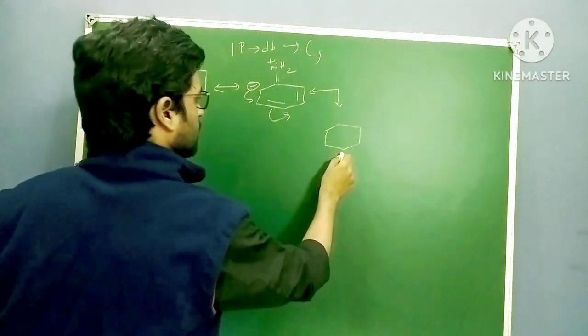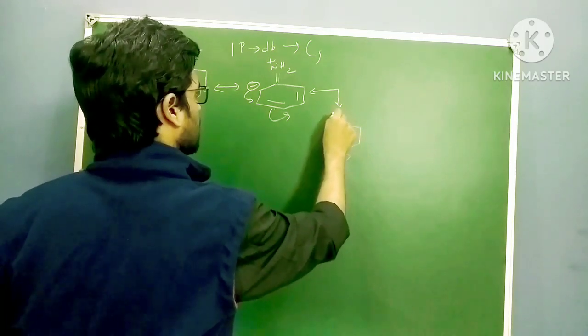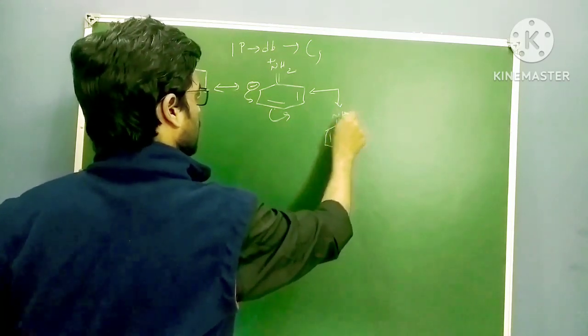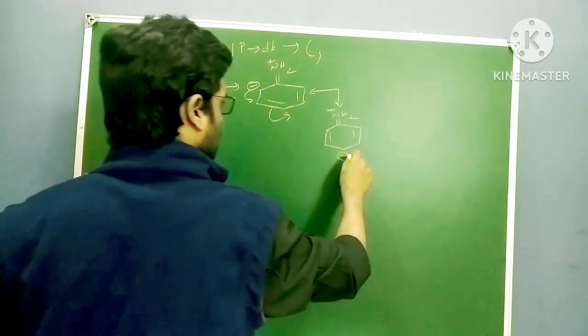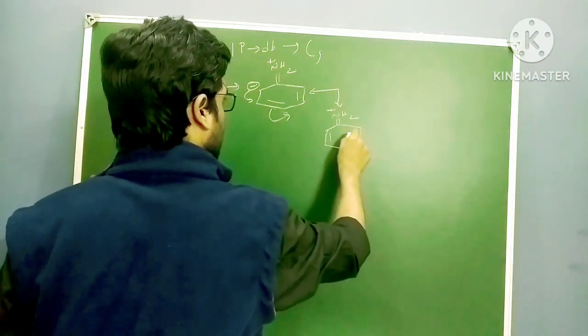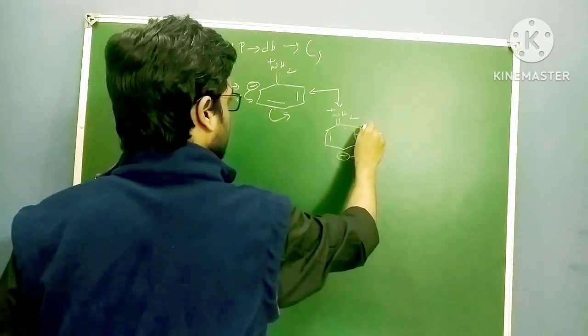Okay, here minus, double bond, NH2 positive. Again lone pair to double bond, anti-clockwise, moving here.